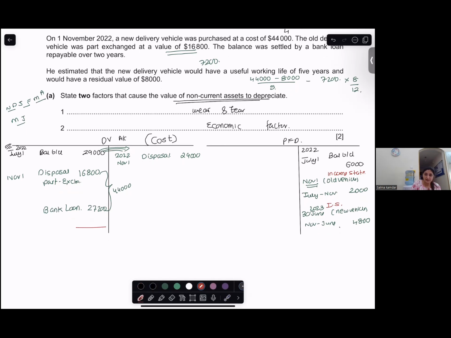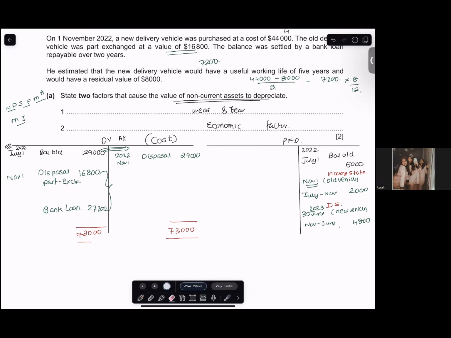Now we will close the account. The total of your debit is how much? 73,000. Now 2023, June 30th, you will have balance closed down. How much? 44,000.